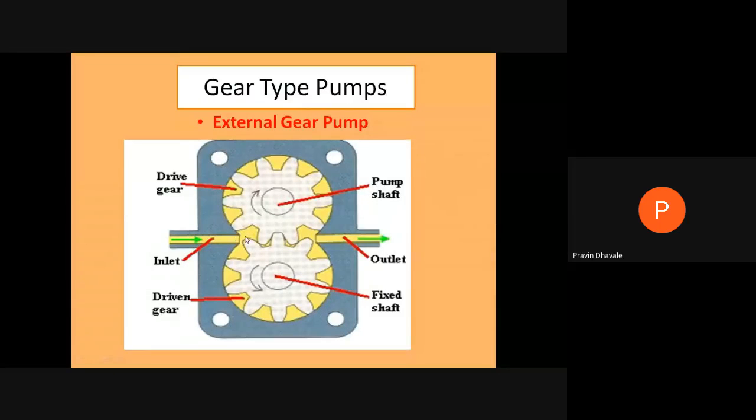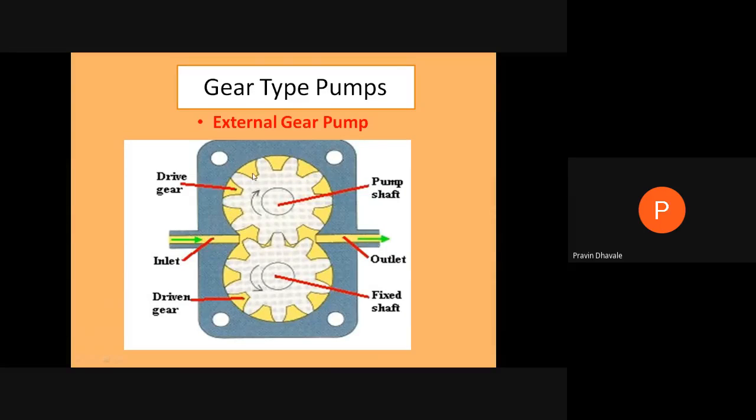Because during the gearing, when the gear is unmeshing, vacuum is generated over this space. So suction of the liquid takes place, and the liquid gets trapped in the pockets between the teeth and the casing.